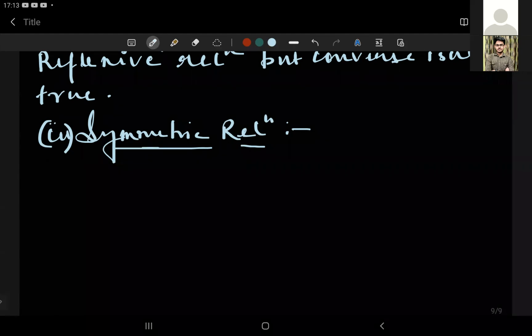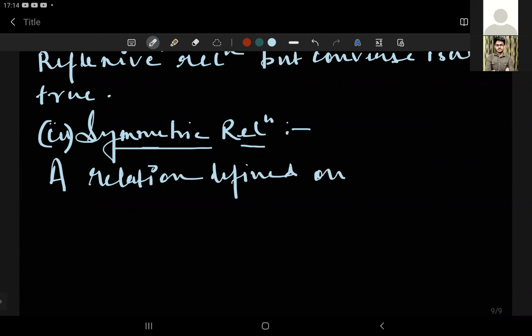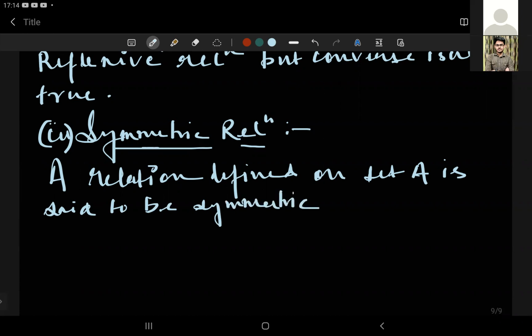So a relation R defined on set A is said to be symmetric if a R b implies b R a.